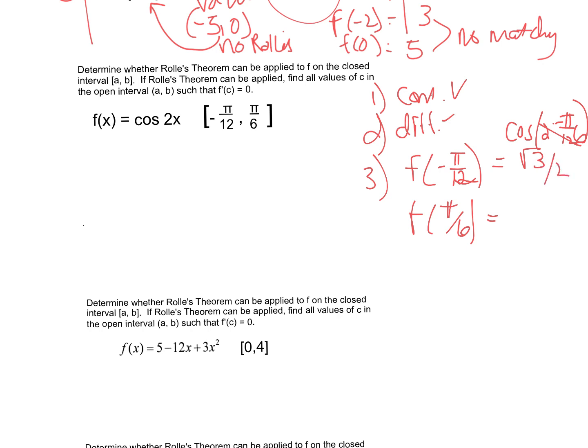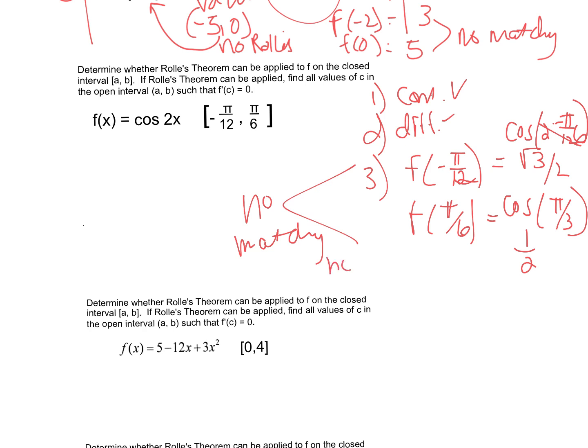And the same thing here: this turns into cosine of π/3 because the 2 cancels. That is not the same thing. So because they don't match, you don't have to write all that if you don't want to. You just say they don't match. So Rolle's can't be applied because they don't match.